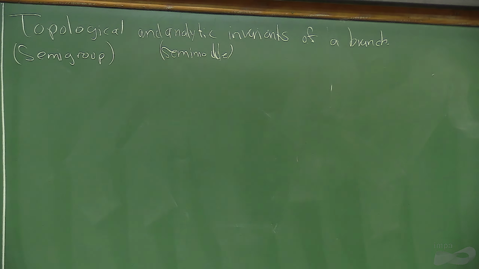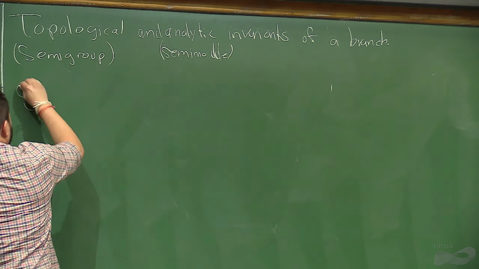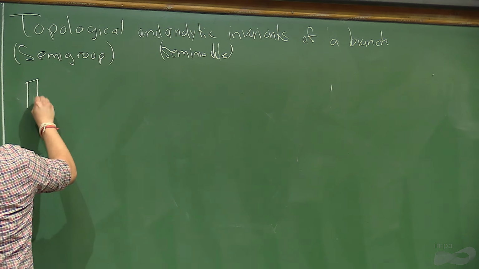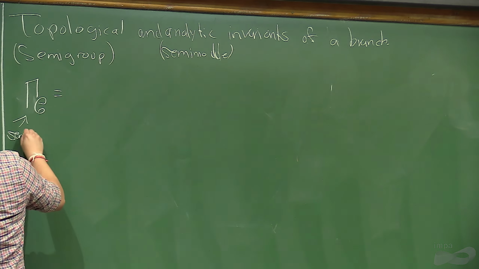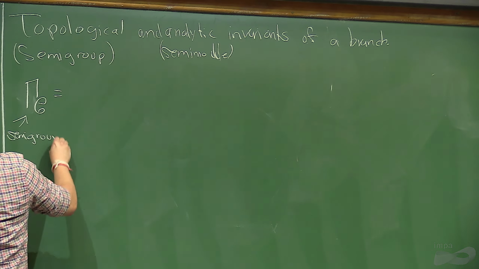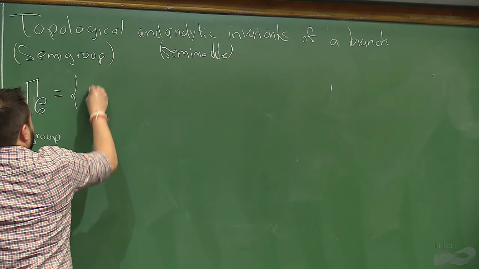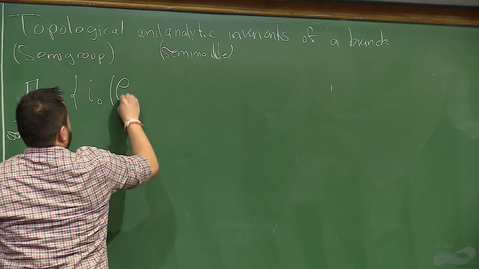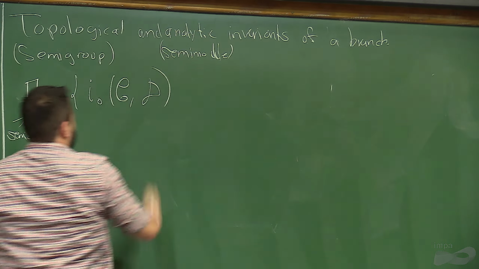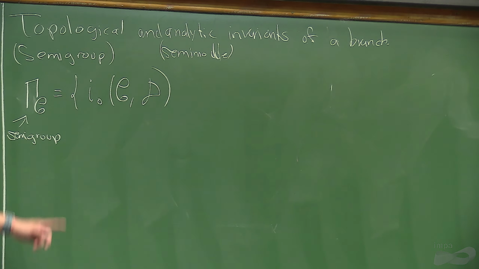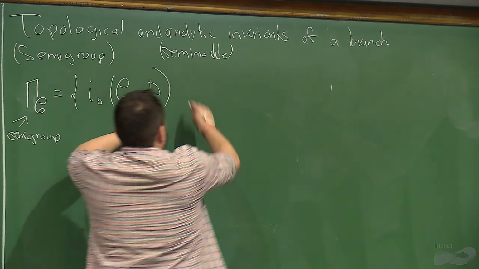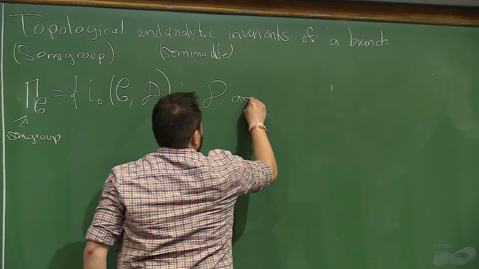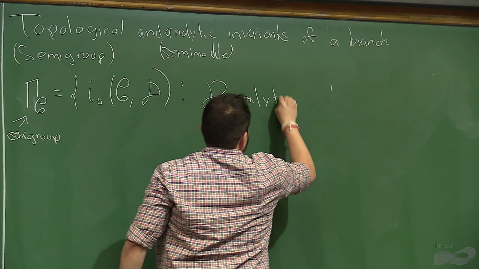So the semigroup is defined as the set of intersection multiplicities between the branch C and the other analytic curves.